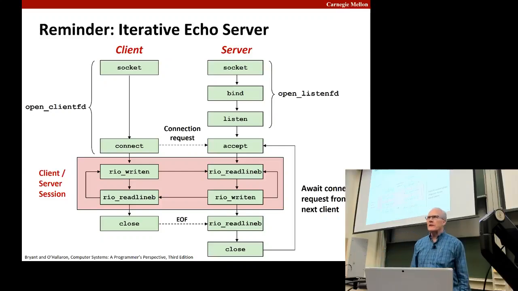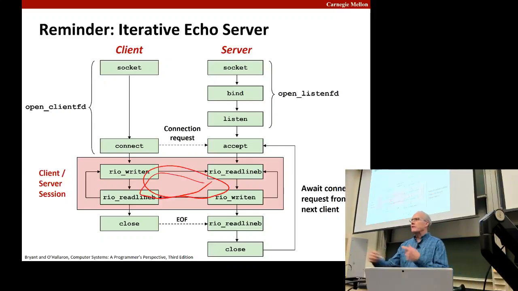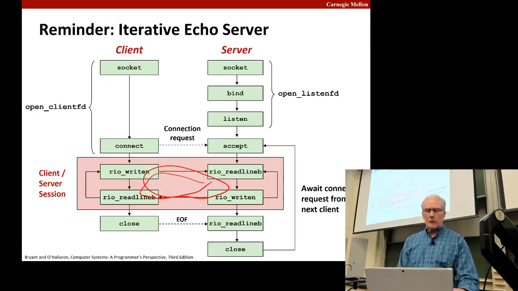So just as an example, in the network programming, you went through an iterative server. And the iterative server does fine, meaning it lets a client make a connection and then run a session that involves a cycle of sending messages back and forth and reading them. But there's a weakness in this server in that it really can only handle one client at a time.